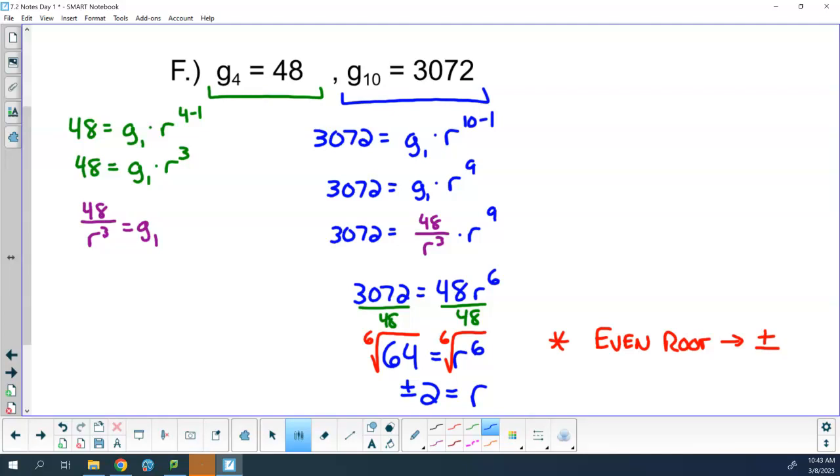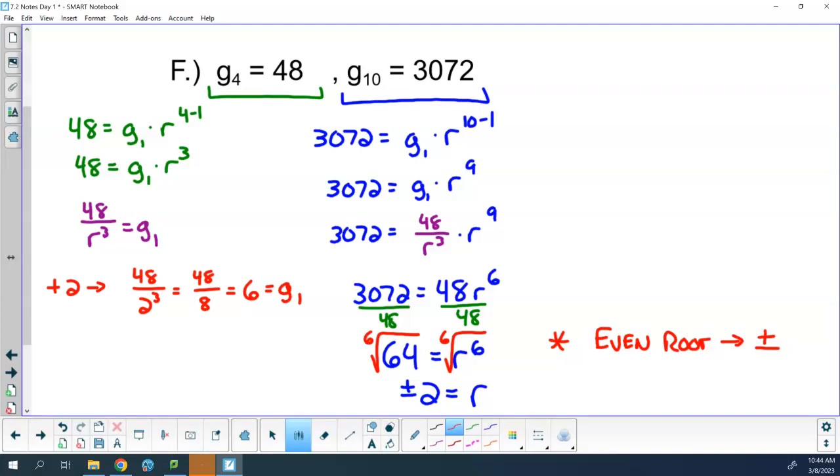Which means when I go back to substitute, if I go with positive 2, then I have 48 over 2 cubed, which is 48 over 8, which is 6 for my first term.